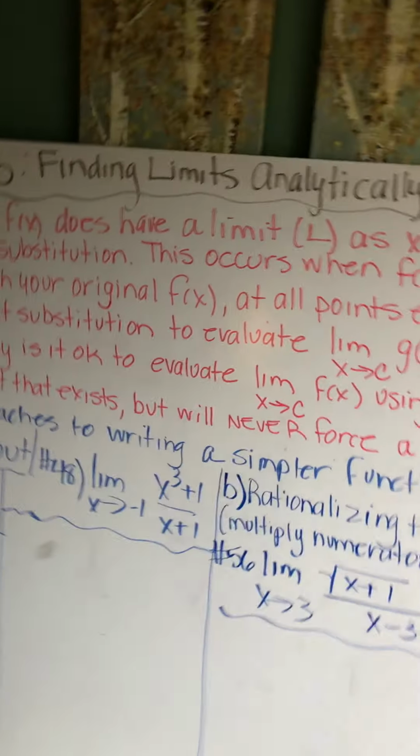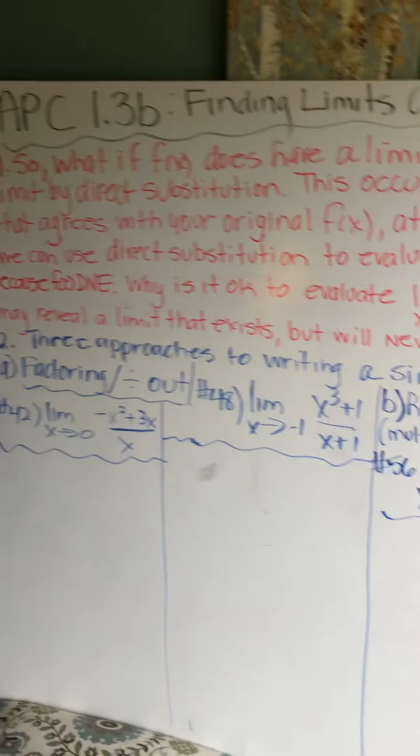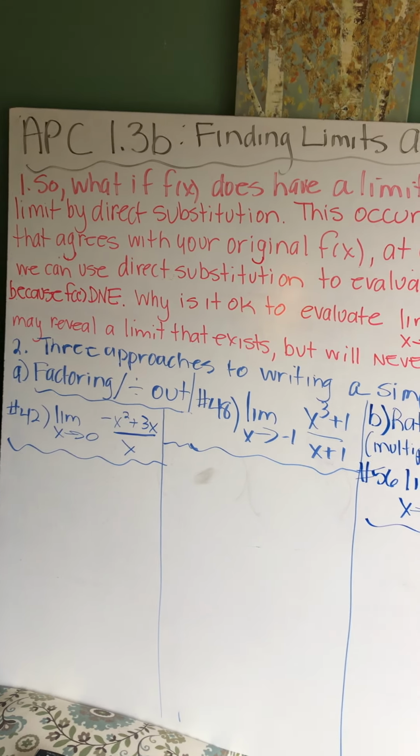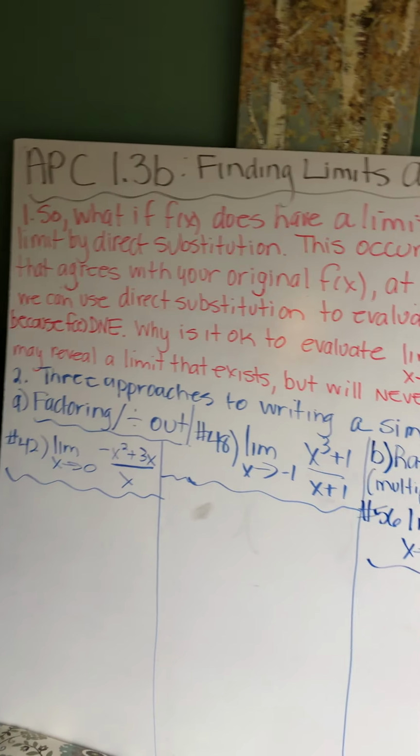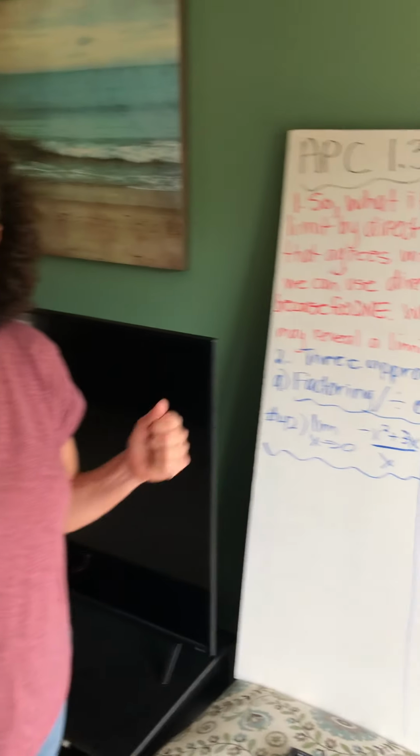I am going to read what it says in red, what I already just said to you. That number one, when you are presented with a limit, try direct substitution. Number two, if that doesn't work, can you make a simpler function where you can use direct substitution? So I'm going to go ahead and read in red though.